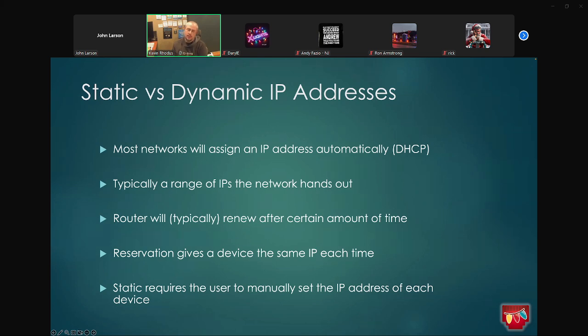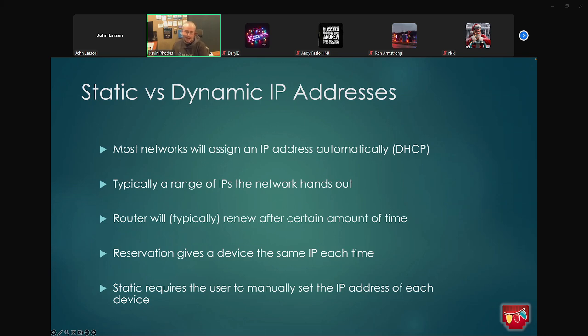There's typically a range of IPs that the network will hand out, so it's not going to hand out every IP. In my scenario, I hand out from .100 to .200 as DHCP IPs, so I have a chunk at the beginning and a chunk at the end that I don't have to worry about being handed out.